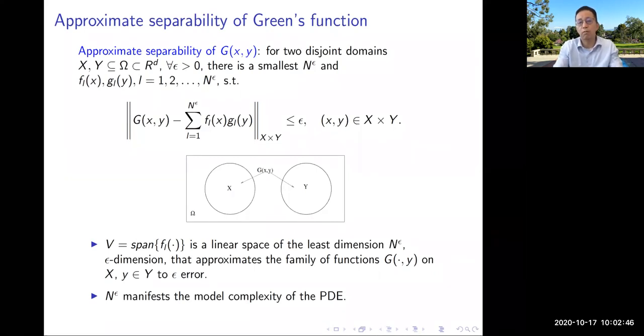So the f_l form a linear space, and that linear space can approximate this family of functions in X uniformly well. And again, I just put it in any norm, but for most of the talk, I'm just talking about the L2 norm because that's exactly corresponding to SVD or low rank decomposition of a matrix in computation. That's what you do. Okay, so again, the N epsilon really manifests the model complexity of the PDE.